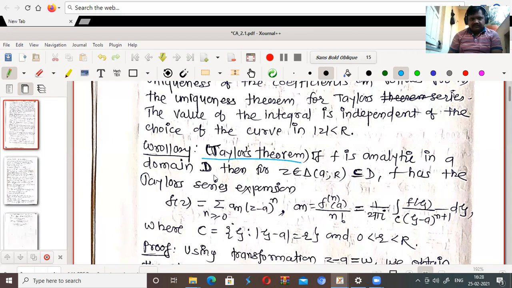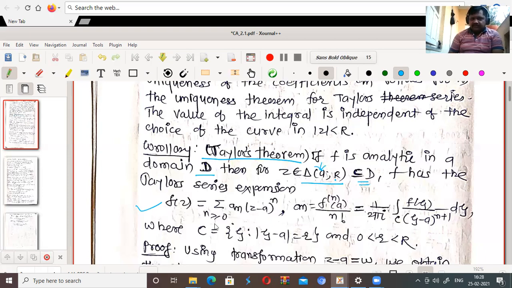If f is analytic in a domain D, then for z in the disk with center a and radius R in the domain D, f has the Taylor series expansion f of z equal to summation for all n greater than or equal to 0 of a_n (z minus a) to the power n, where a_n is the nth derivative of f at a divided by n factorial, or it is also given by 1 upon 2 pi i integral over C of f of xi upon (xi minus a) to the power n plus 1.